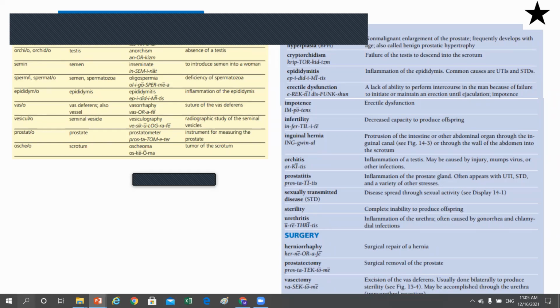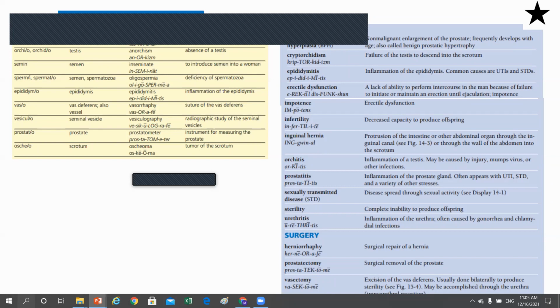Then we have the next term, vasectomy. This is excision of the vas deferens, the ductus deferens. This surgery can be done for family planning, contraception. Contraception is the method of planning the family.